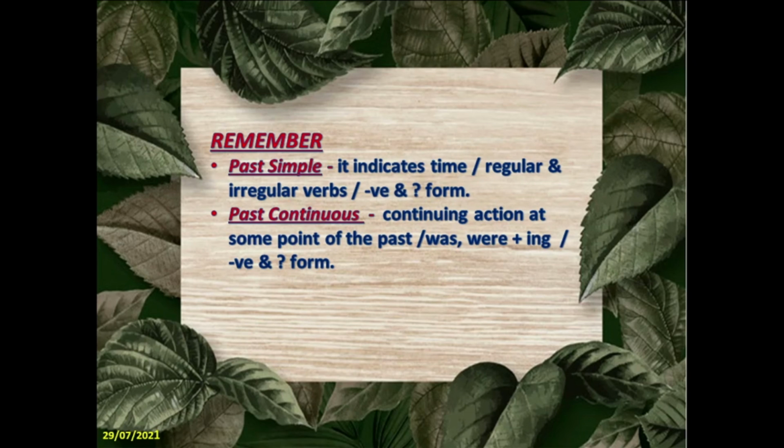A continuing action takes place at a particular point of time, and something can interrupt the action. This is how we form past simple and past continuous sentences together. Don't forget the helping verbs was, were, plus the ing form. Past continuous also has positive, negative, and question forms.